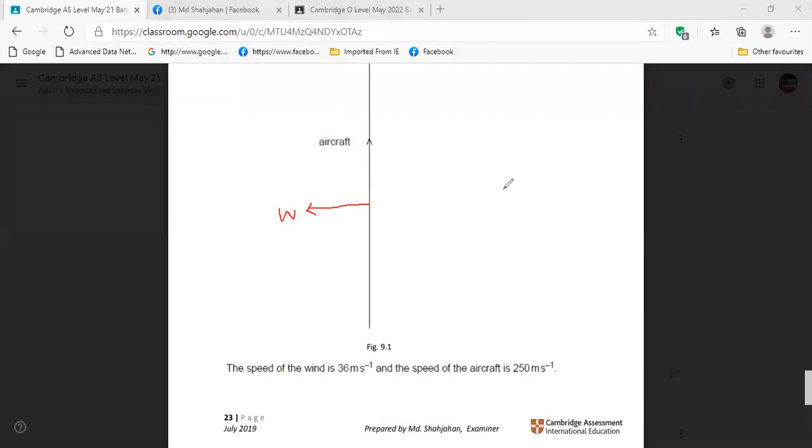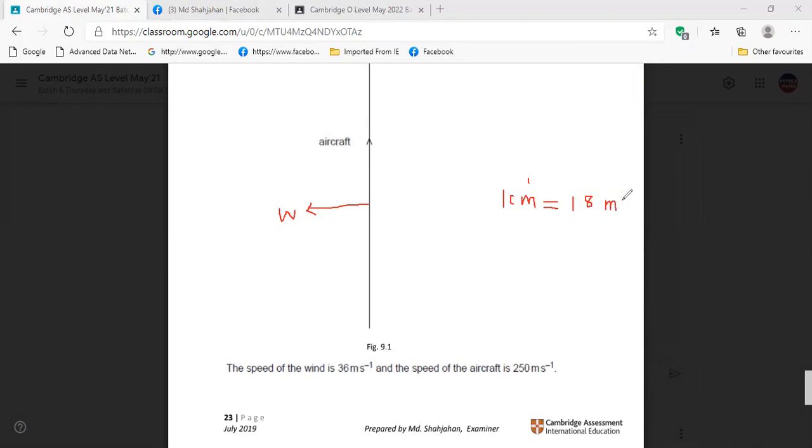This is very important. If you are seeing 18 as a big number, you shouldn't be worried. 1 centimeter is 18 meters per second.